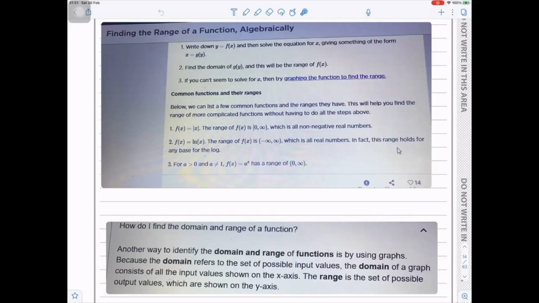Another way to identify a function is by using graphs, because domain refers to the input values, and the input values are the ones on the x-axis, and then the range is a set of possible output values which are shown on the y-axis. So read those and that will help you to do future questions.